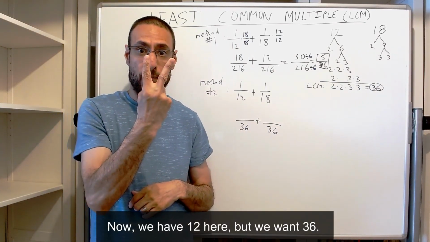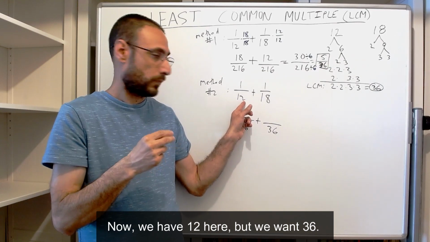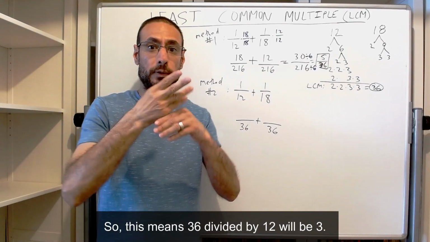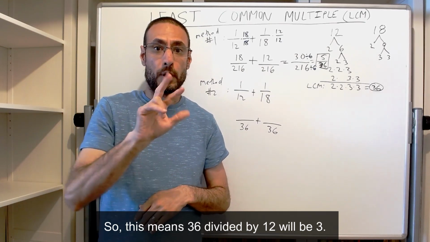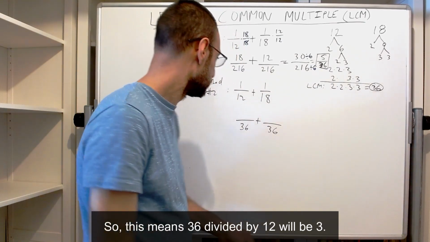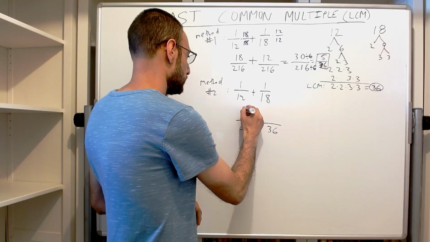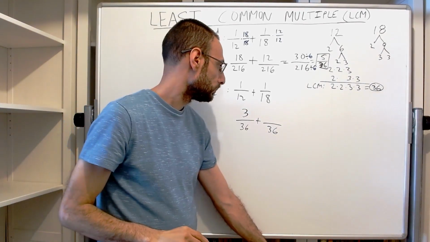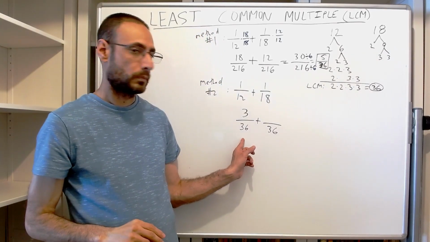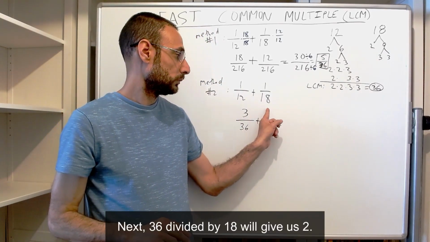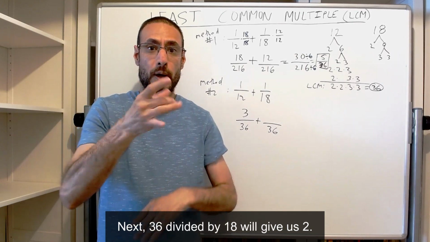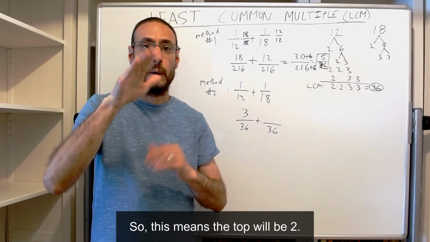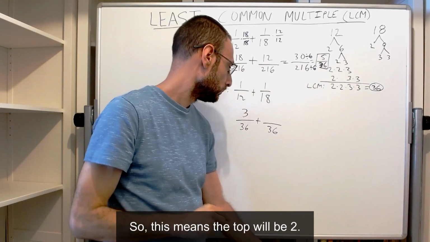Now, we have 12 here, but we want 36. So, 36 divided by 12 will be 3. Next, 36 divided by 18 will give us 2. So, the top will be 2.